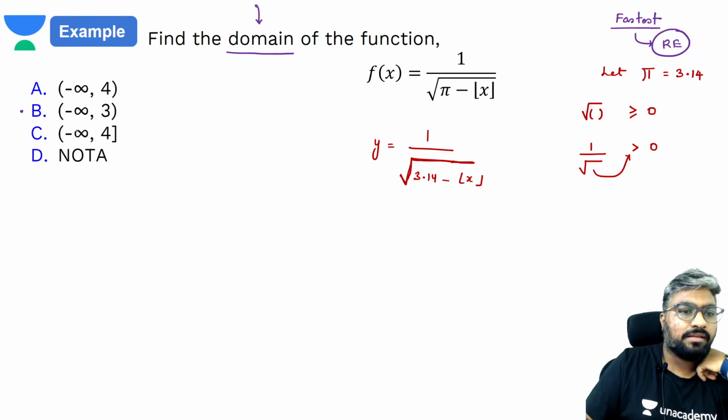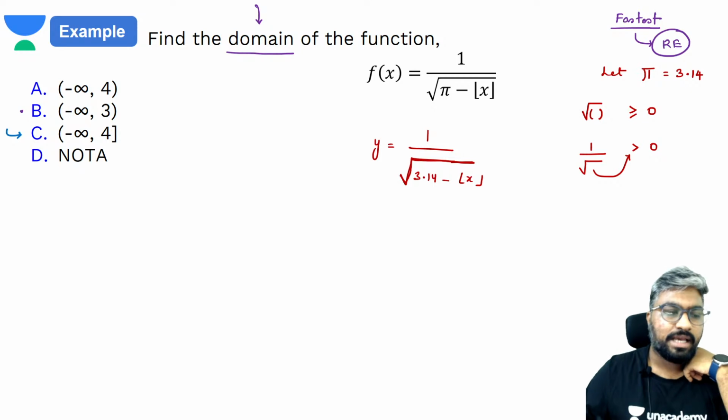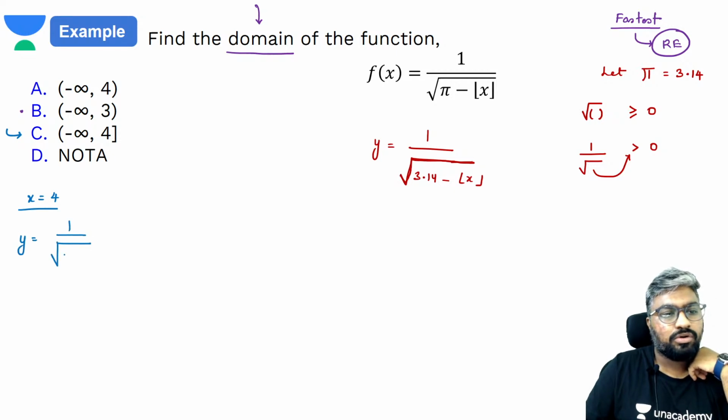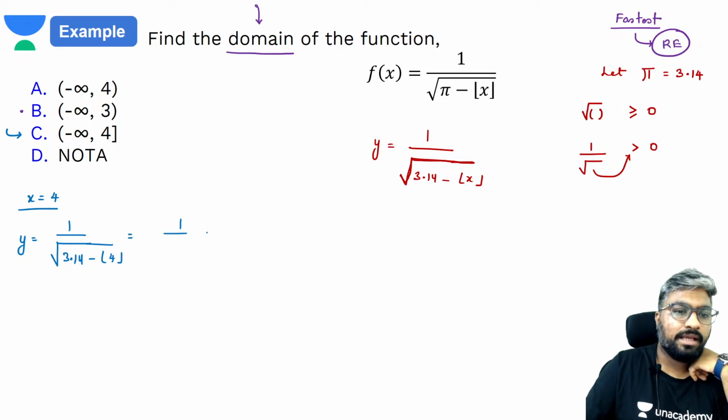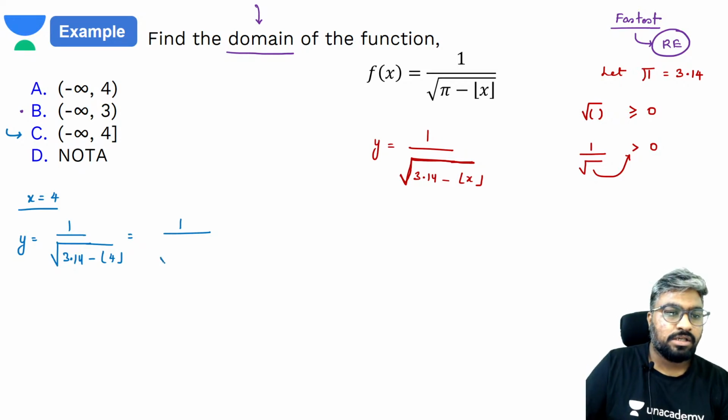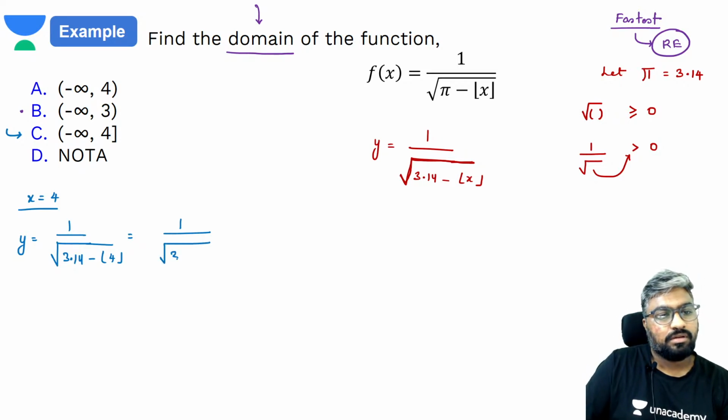Let us try with C first. Let's put in 4 and see what happens. If x is 4, then y will become 1 by square root of 3.14 minus the greatest integer of 4, giving us 1 by square root of 3.14 minus 4.